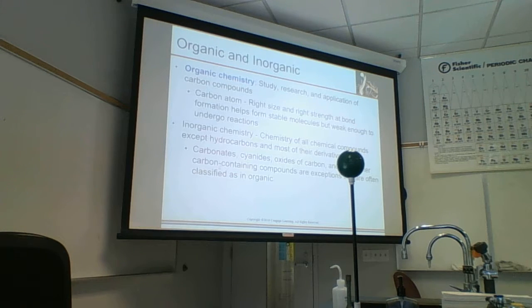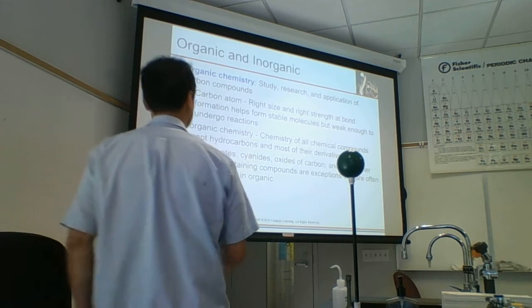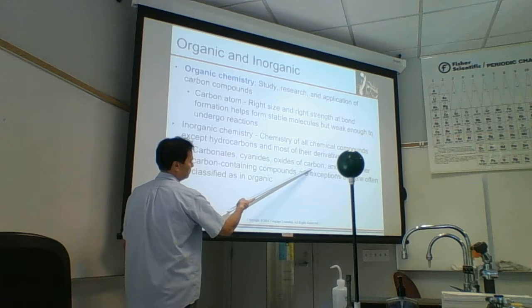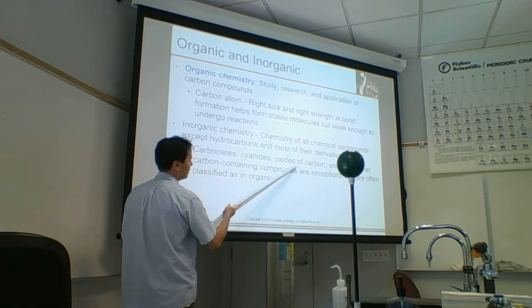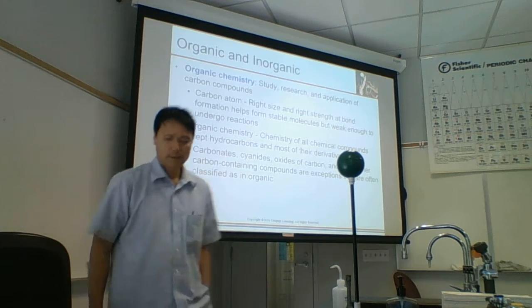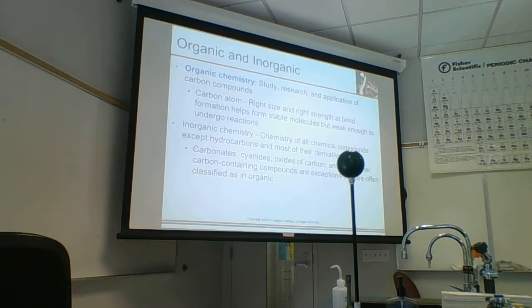There are some carbon-containing compounds and ions that aren't necessarily organic, like carbonates are considered inorganic, cyanides, inorganic, oxides of carbon, carbon monoxide, carbon dioxide, inorganic, and a few others. Everything else is organic.